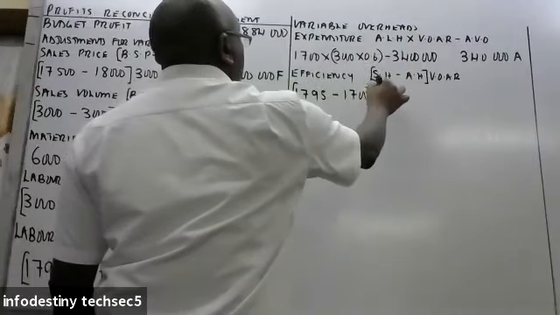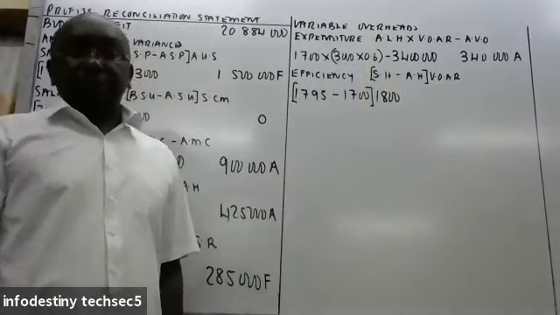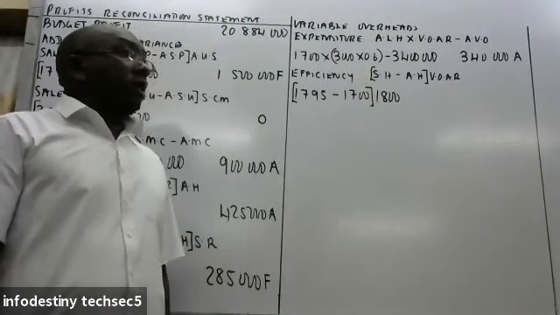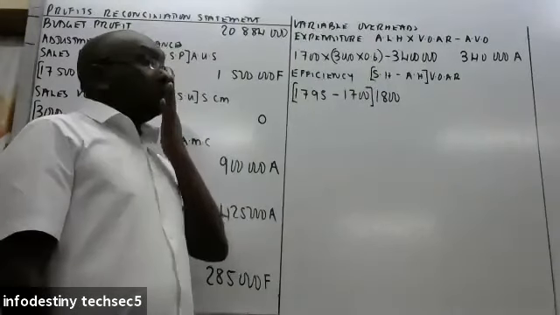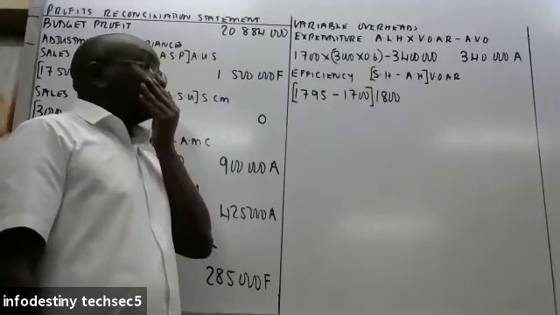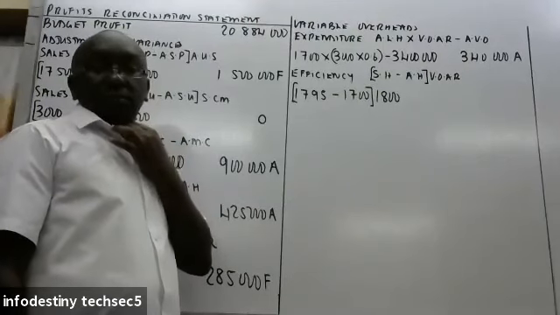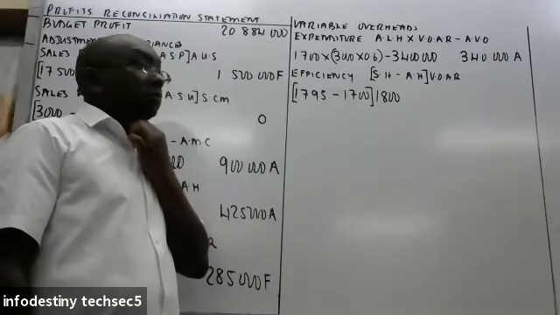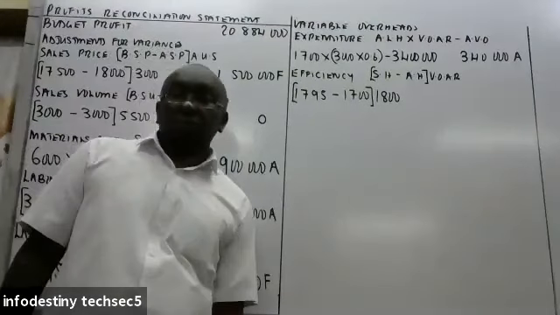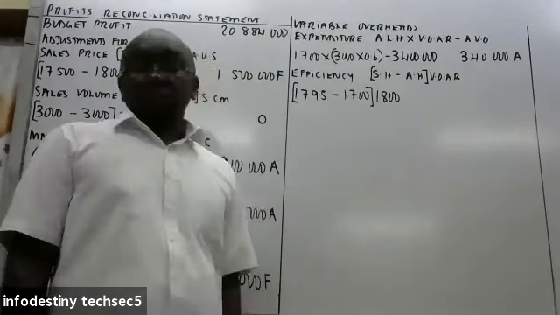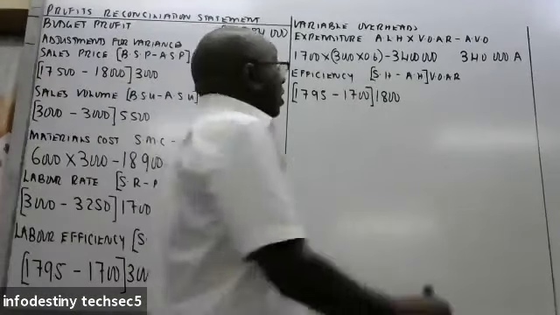And then VOAR, we know it is 1800 from this one here. $171,000 favorable, good.